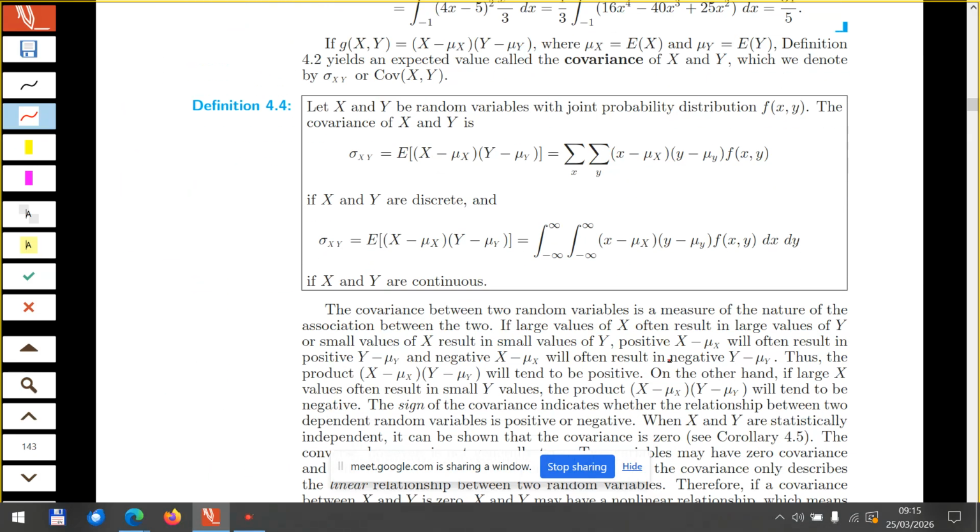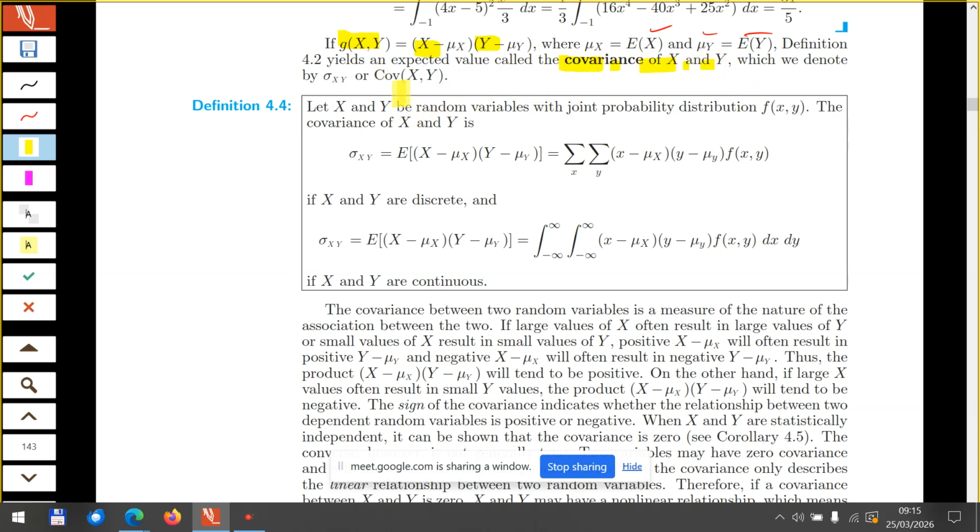This is now our definition. If you choose g of x to be x minus mu x times y minus mu y, where mu x is the expectation of x and mu y is the expectation of y, we have a new quantity called the covariance of x and y.